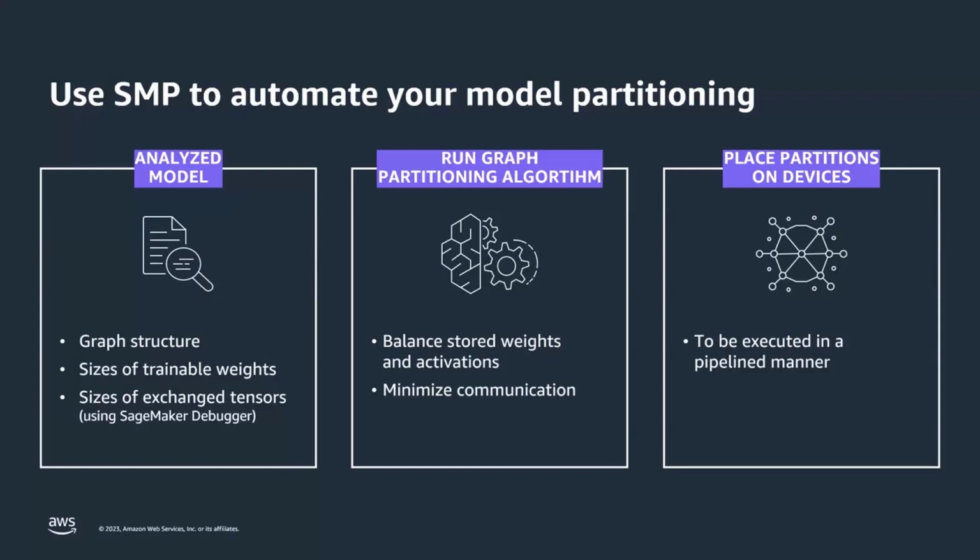After that, SageMaker will partition the graph in a way that balances the compute and minimizes the communication. That's really important, because if we have a lot of inter-GPU communication, it really slows down the training. So that's the thing we want to minimize. And in the end, it will set up an efficient pipeline to execute mini-batches on different devices.